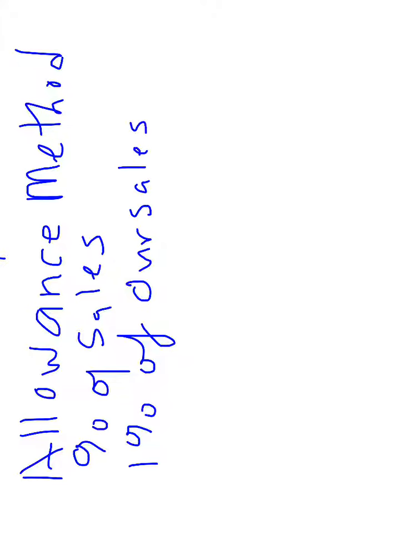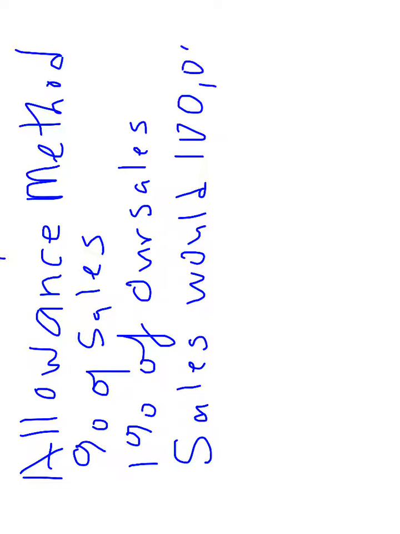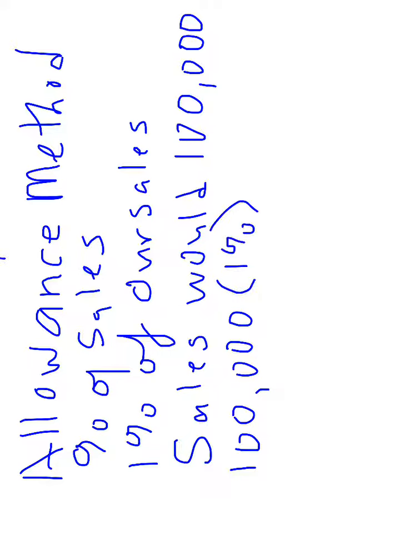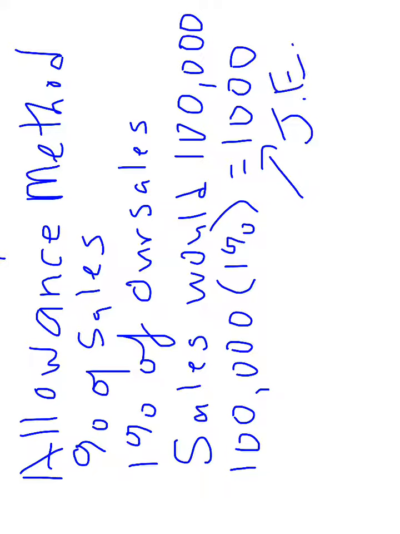And our sales would maybe be $100,000. So we would take that $100,000, multiply it by that 1%, and we would find that our bad debt would be $1,000. So this right here would be our journal entry amount.